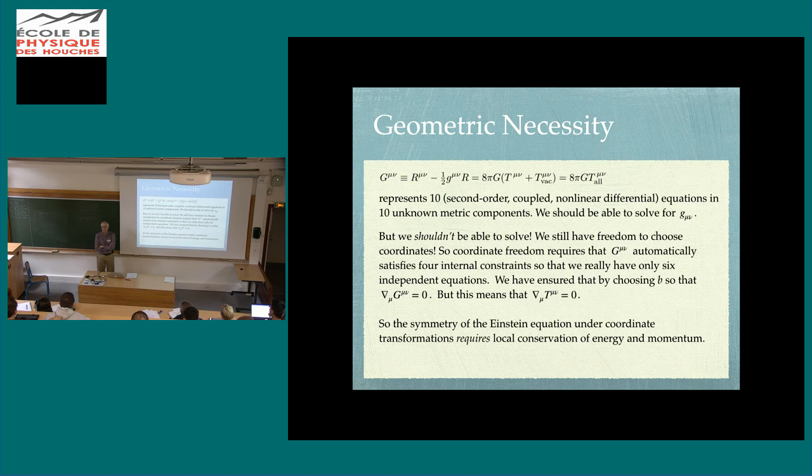Our symmetry in this case is that the laws of physics are the same in all coordinate systems. Our conserved quantities as a result of that, this is an expression then of Noether's theorem. Our conserved quantities as a result of that are energy, momentum locally. Okay? And that's the modern way to look at it.